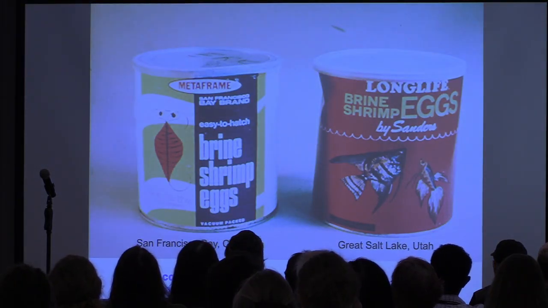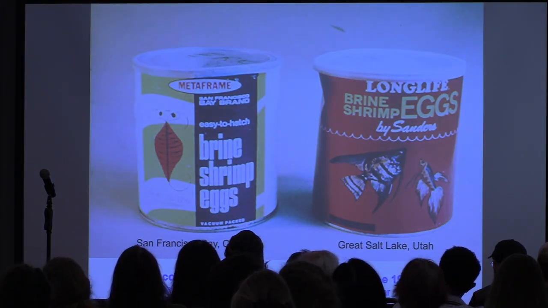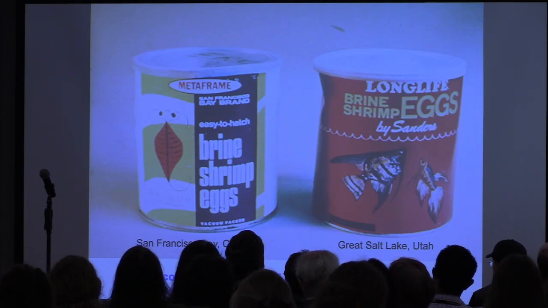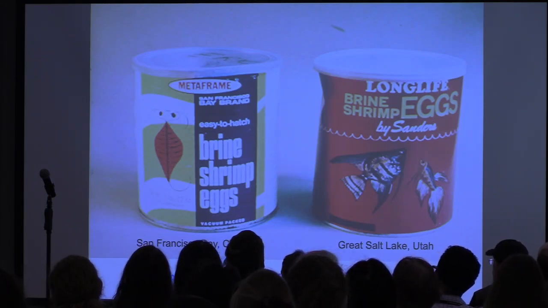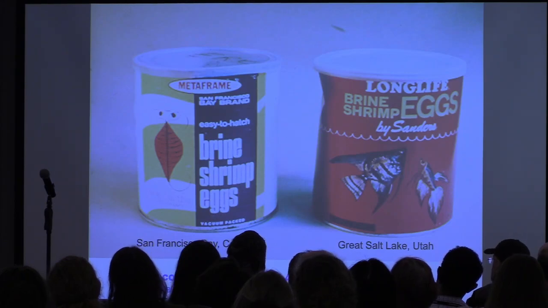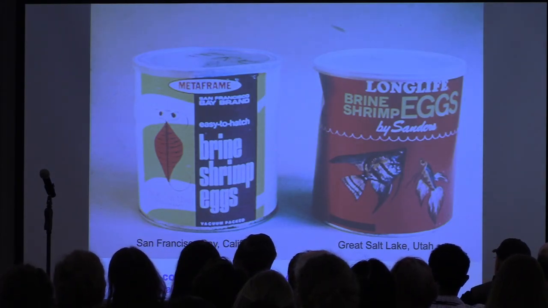So already in the 1960s, even before business aquaculture started, there were two sources here in the Great Salt Lake. We heard from earlier speakers, Paul sitting in front of me here, referring to the Sanders Company, pioneers, and then very shortly thereafter also the San Francisco Bay brand in the San Francisco area.